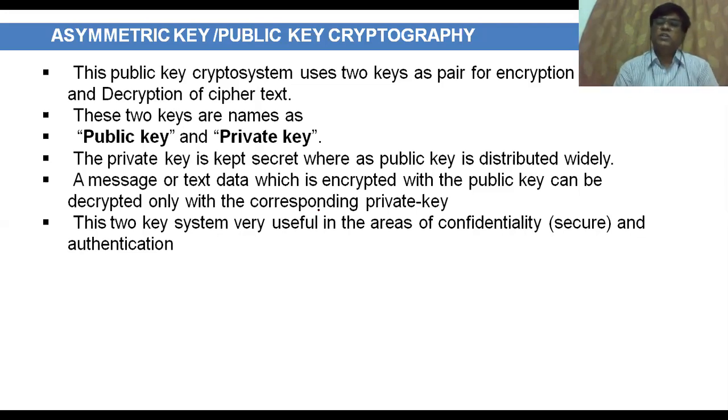Vice versa, you can use a private key for encryption, and then use its corresponding public key for decryption, both ways. So this two-key system is very useful in the areas of confidentiality and authentication. Using these two keys ensures confidentiality and authentication.